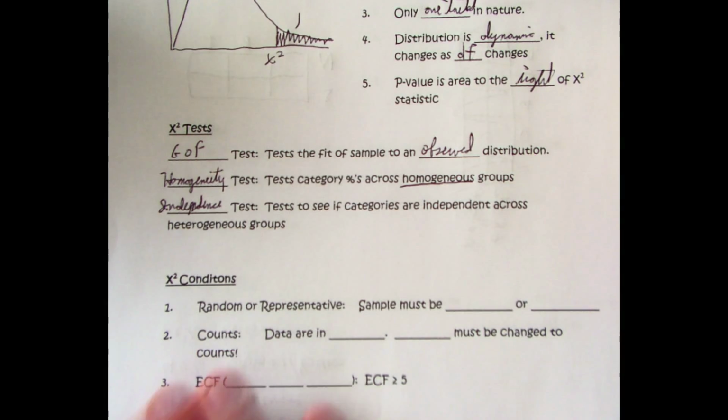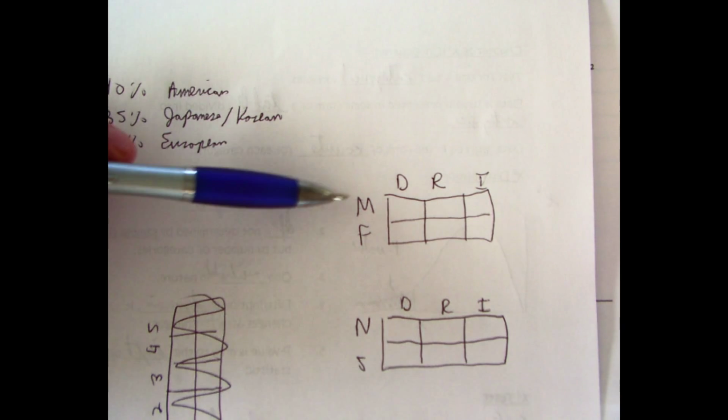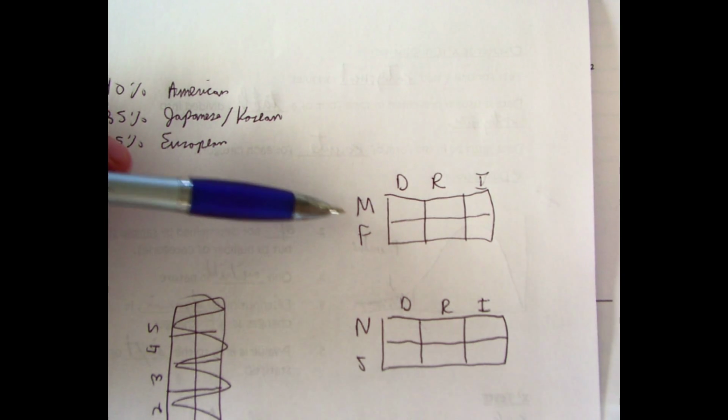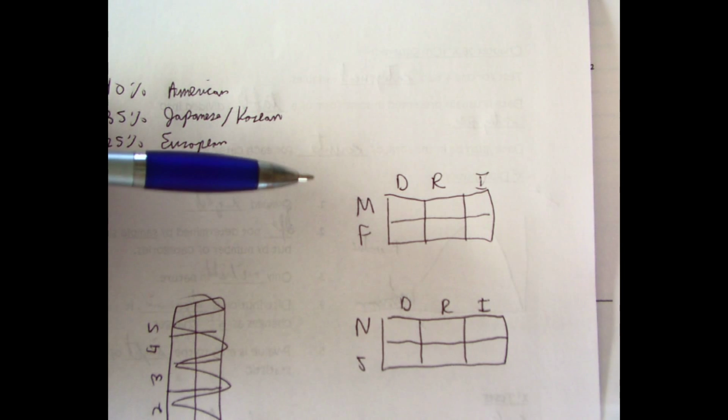Okay. But the second kind of test is a homogeneity test. We test category percentages across a homogeneous group. Homogeneous means we're looking at one group of people divided into separate categories. So for instance, let's say we were to look in Norwalk, and we were to look at Democrats, Republicans, and Independents. Well, if we're looking at people in Norwalk, we might divide them into males and females. However, they are a homogeneous group of people.